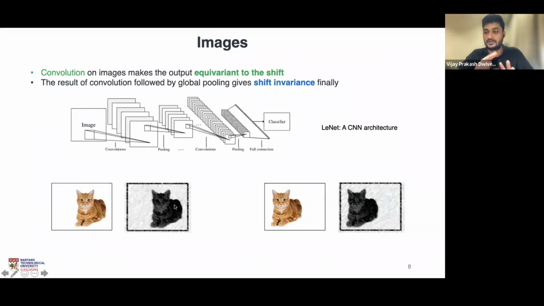It should not be distorted in some sense. When we are trying to predict the label for the entire image, we want global pooling at the end, so that for these two different images, which have the same object, we get the same class. This in turn helps achieve that.